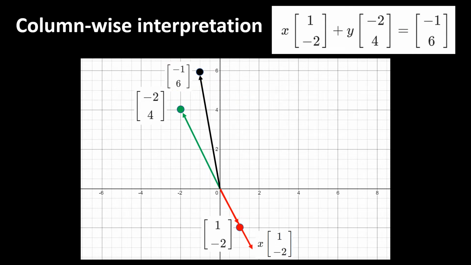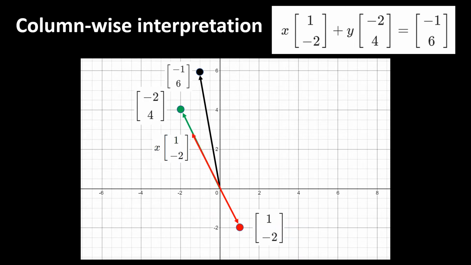If you multiply the red vector 1, -2 by a positive number x, then you get this point. If you multiply the red vector by a negative number whose absolute value is larger than 1, you get this point right here. Similarly, if you multiply the green vector here by a positive number less than 1, that is y here, you get this point.